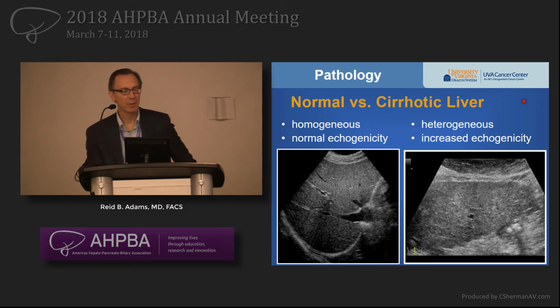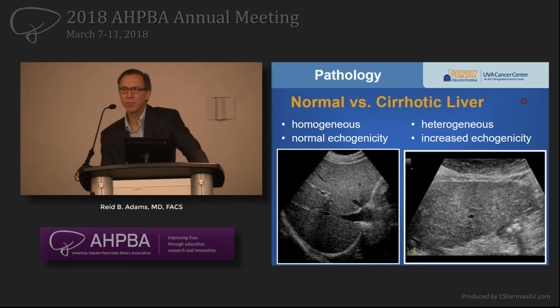So, a few images of pathology. As I mentioned, the echogenicity is typically greater than that of the renal cortex, so that's one way to judge echogenicity. If you look at the difference between normal and cirrhotic livers, normal livers are fairly homogeneous in their echogenicity, and that's demonstrated here, versus the cirrhotic liver.